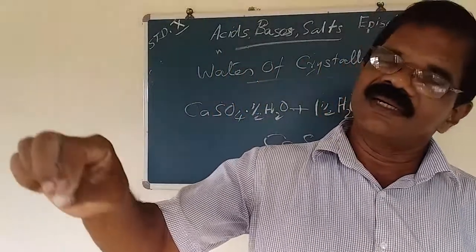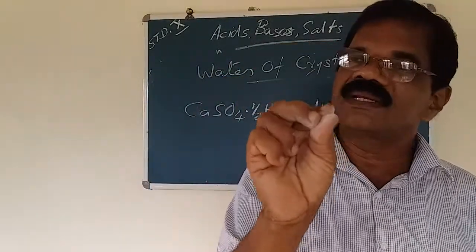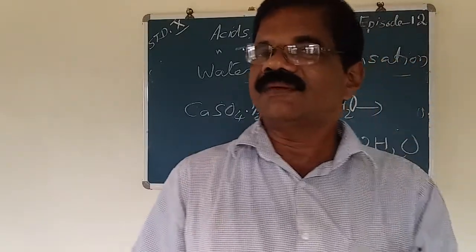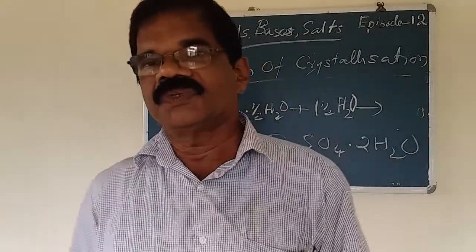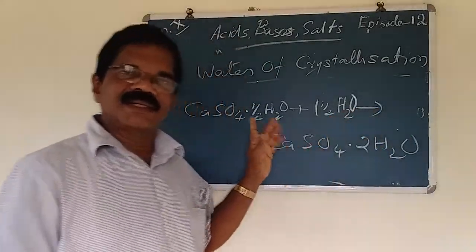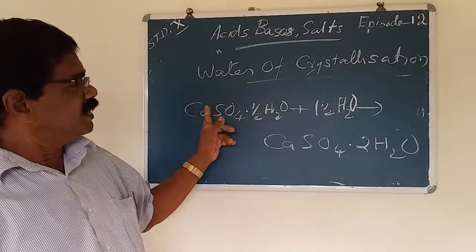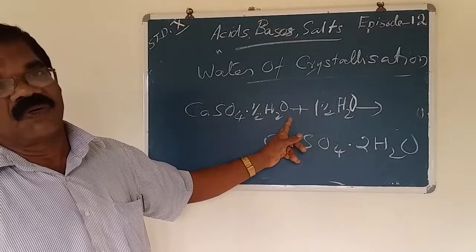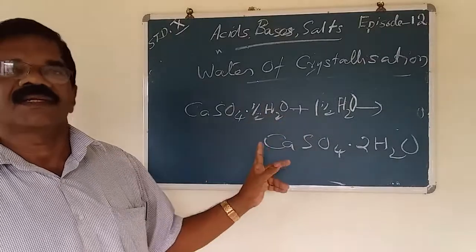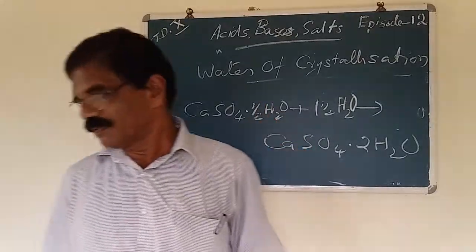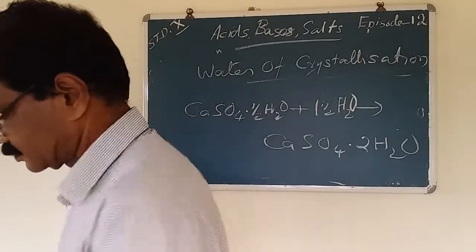Then you purchase one sweet, pay the price, then they will divide the sweet into two. Here also, they get two calcium sulfates with one water molecule, then they share each other. You understand? Then it becomes CaSO4 2H2O.